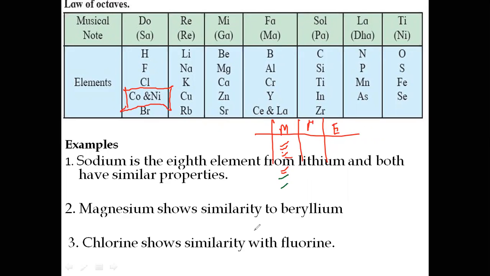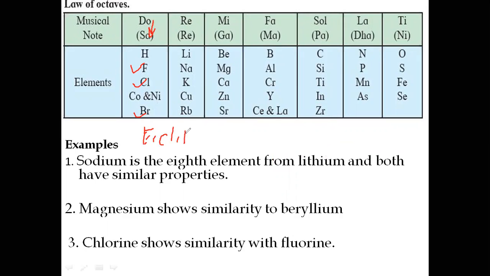In a similar way, here also we have this third limitation. Let's consider this node. Here the fluorine, chlorine and bromine. These all three elements are highly reactive and they are called halogens.